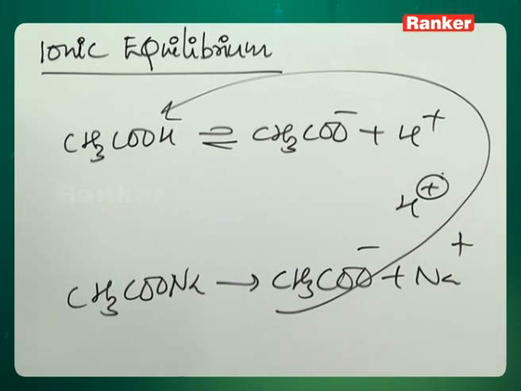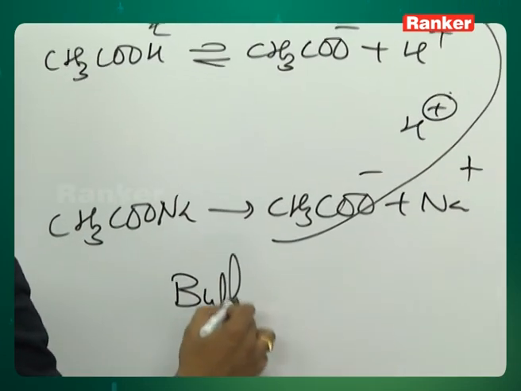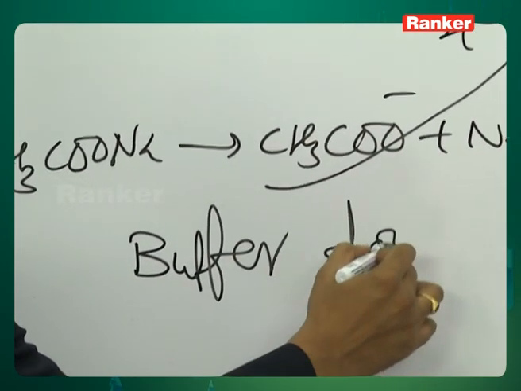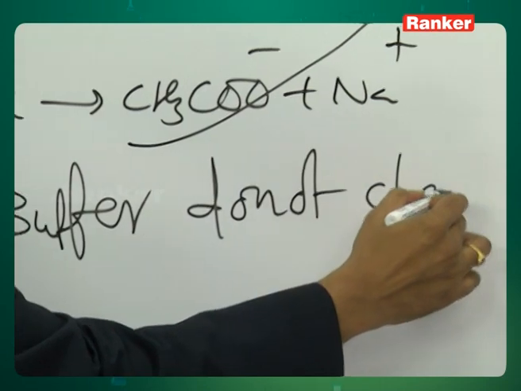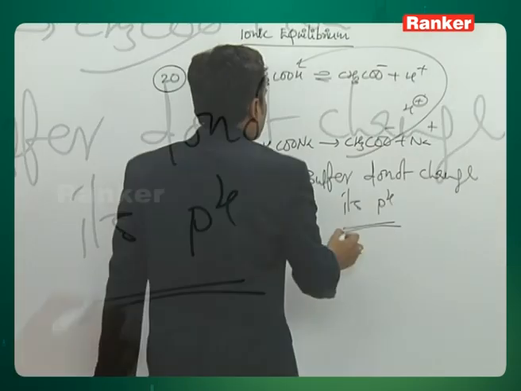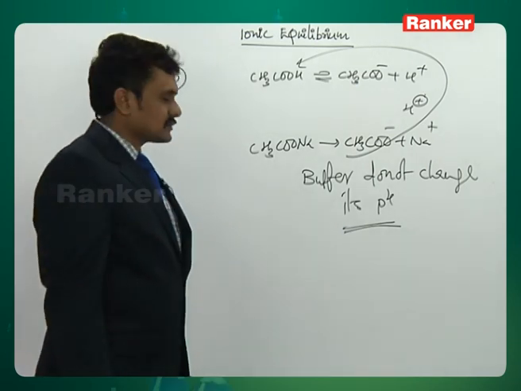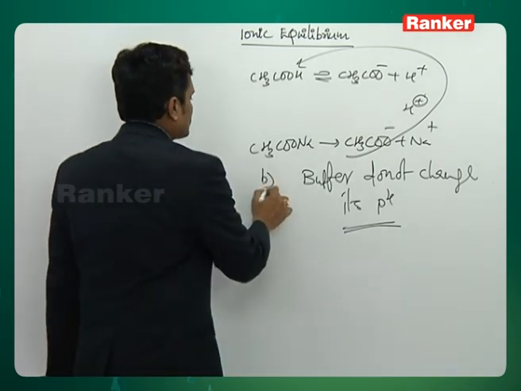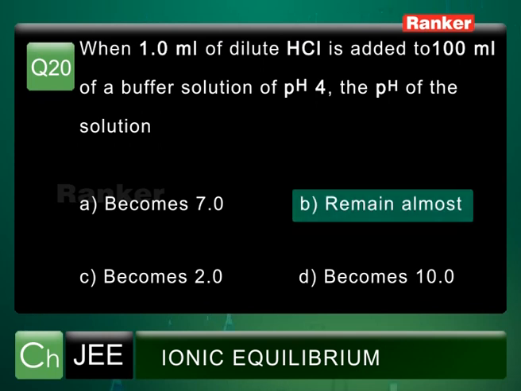So, the buffer has the significance that it does not change its pH when a small amount of acid or base is added. Therefore, the correct answer for this question is option B, saying that there won't be any change in pH.